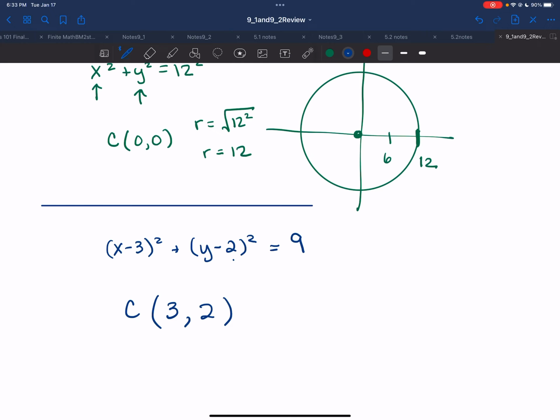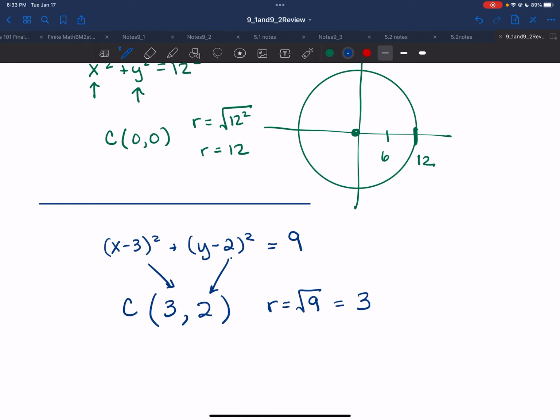So my x shift is 3, my y shift is 2. If it said x plus 3, then my shift would be negative 3. If it said y plus 2, my shift would be negative 2. So there's my center, and then my r is going to be the square root of the answer, which is going to end up being 3.